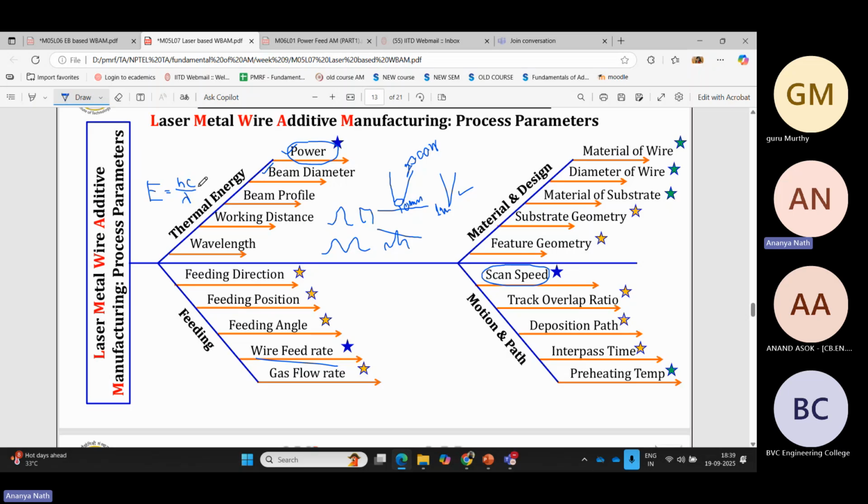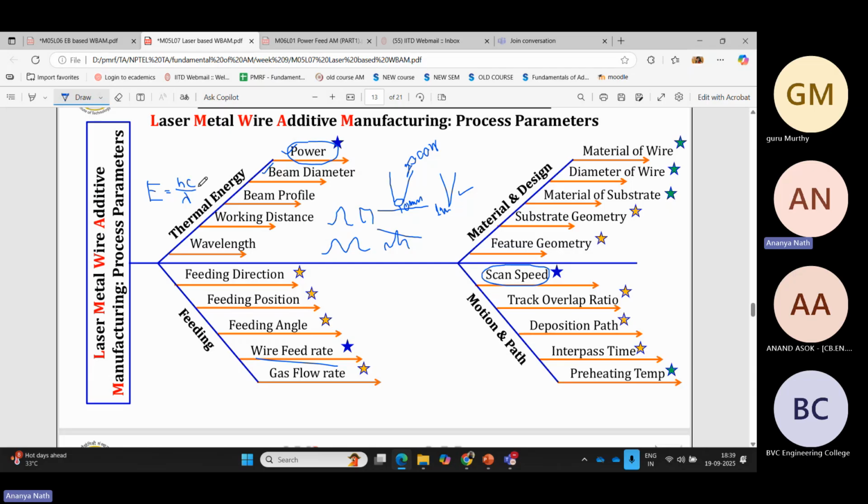So if I'm using a lower wavelength laser, the energy of the laser photons is more than when we are using a higher wavelength laser. If the energy of each photon is more, then we can transmit more energy to the metal, which will help to melt the metal. So that's why E will be more in the case of a lower wavelength.